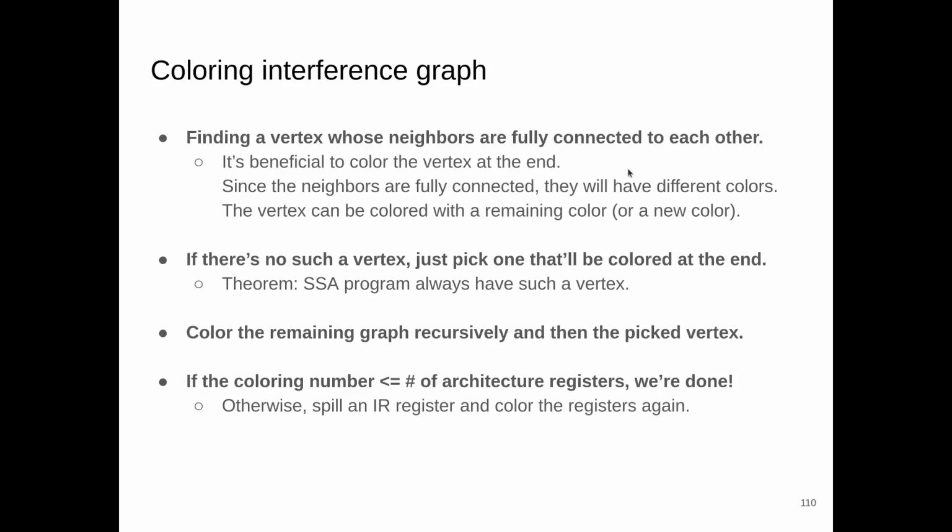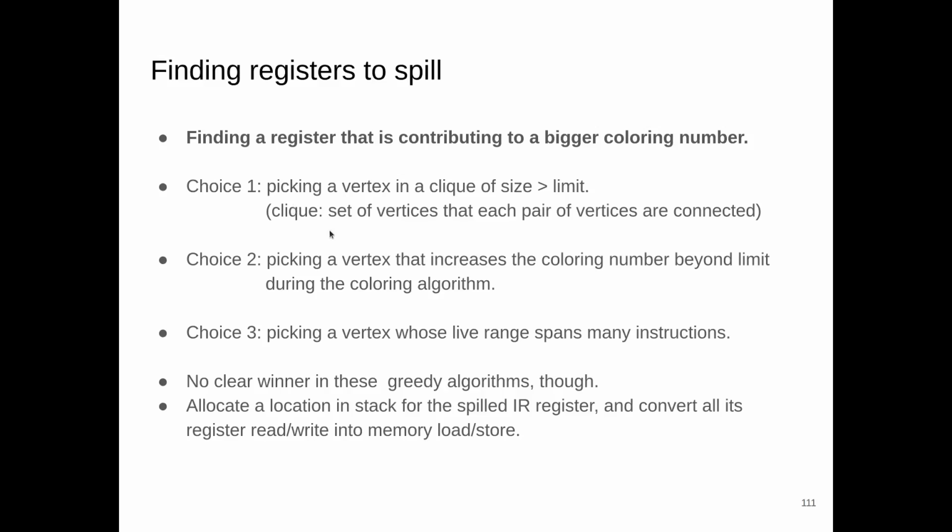If the remaining colors are used up, then you need to create a new color and map this new color to this vertex in the recursive algorithm. And if that happens, and the coloring number just exceeds the number of architecture registers, then this vertex is rendering this whole register allocation impossible. So let's make it spilled. So that's basically the algorithmic choice 2 here.